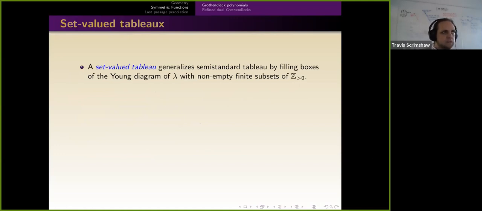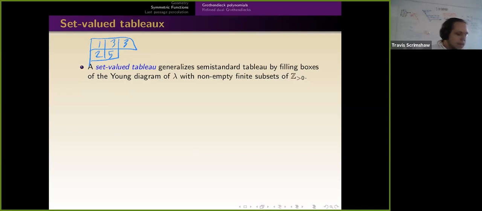As in the cohomology case, we have classical combinatorial objects of semi-standard Young tableaux, which is, if we have a partition, let's say like this, then we can fill it with positive integers such that the rows are weakly increasing and columns are strictly increasing.